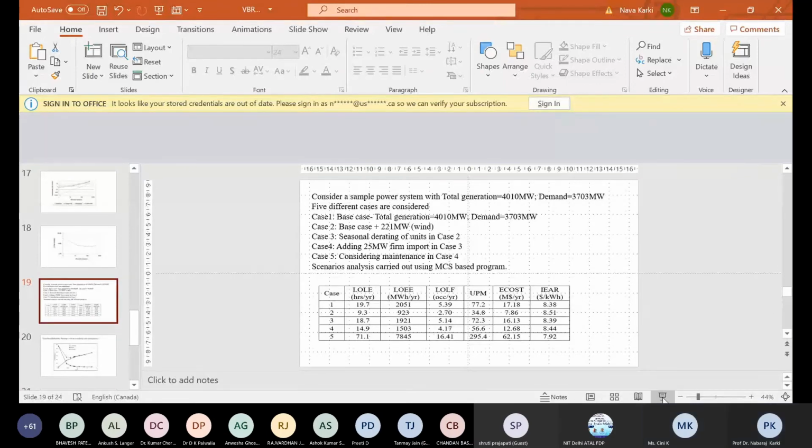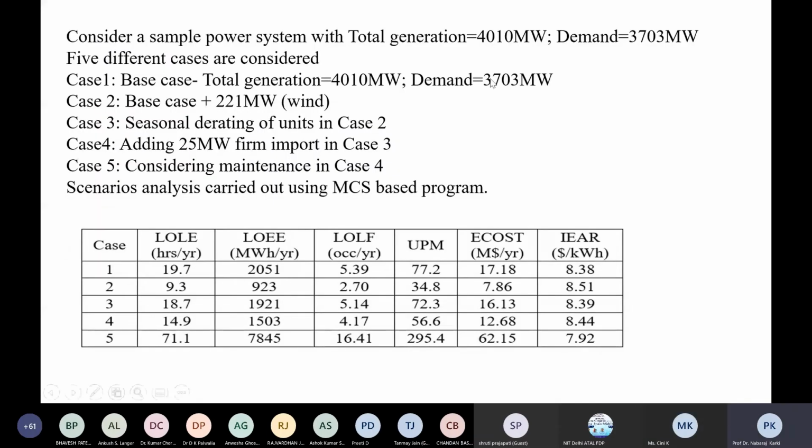Okay, thank you. So you can see when the LOLE value is lowest, the loss of energy expectation value, or the expected energy not served per year, is also lowest.